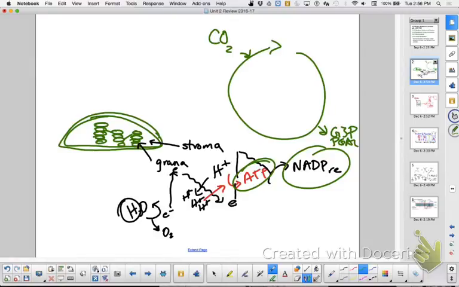In order to do that, I need a starting component. Who do I use? RuBP. Good. And RuBP, remember, is a 5-carbon unit, and we hook CO2 up to it, which is a what? 1 carbon unit. And 5 plus 1 is 6.